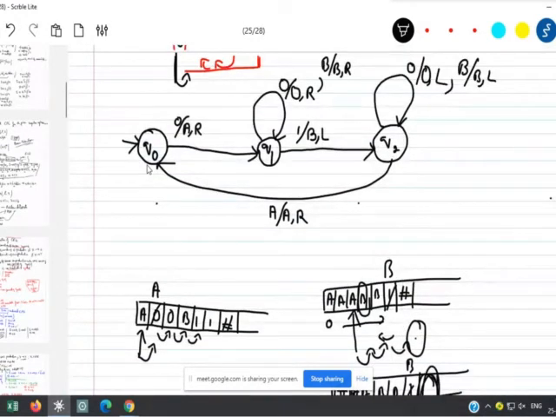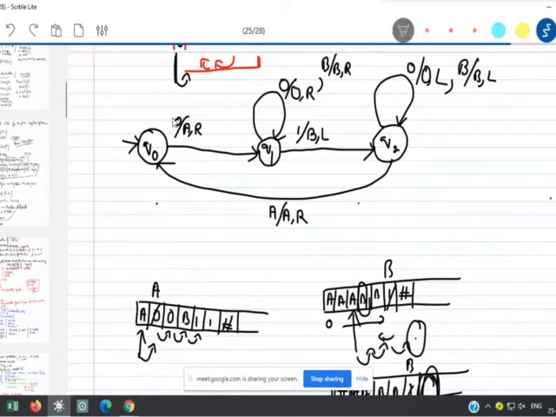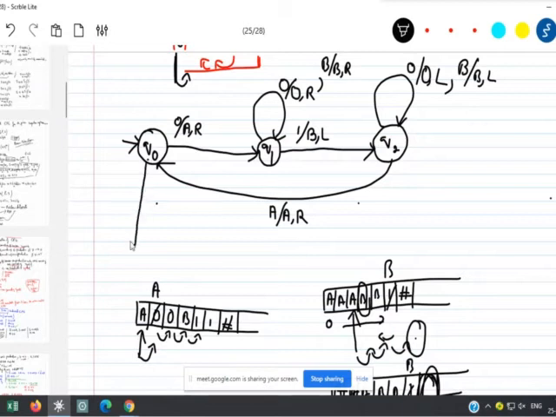So now for acceptance. After converting the last A, while moving towards the right side, instead of finding 0 here, if you find B, do not modify this B, keep moving towards the right side.